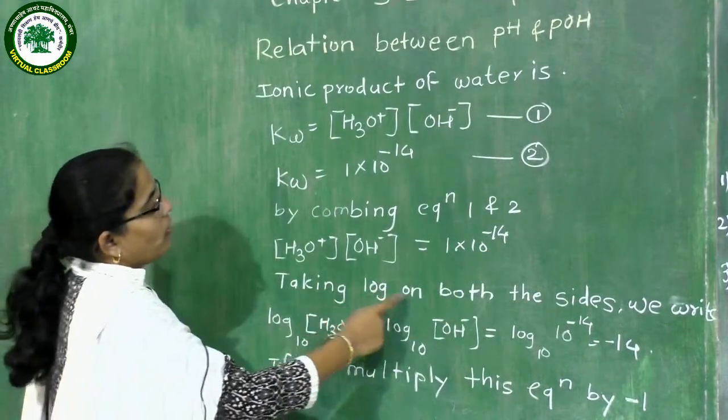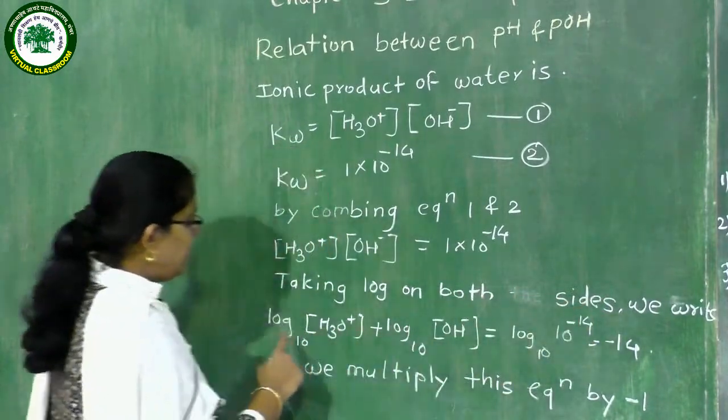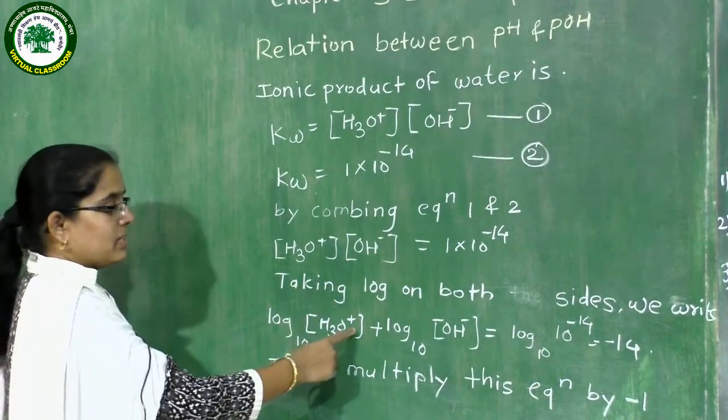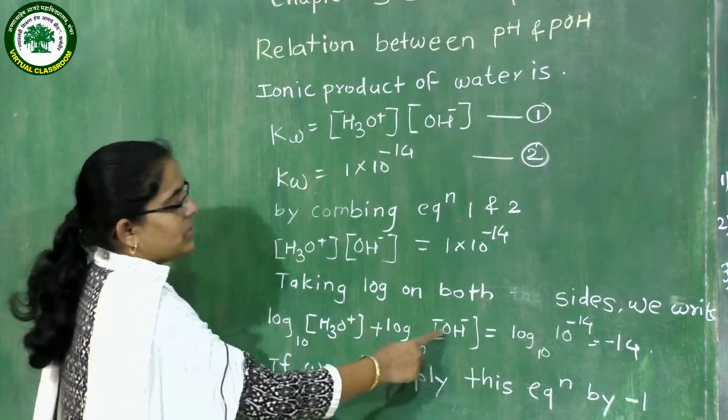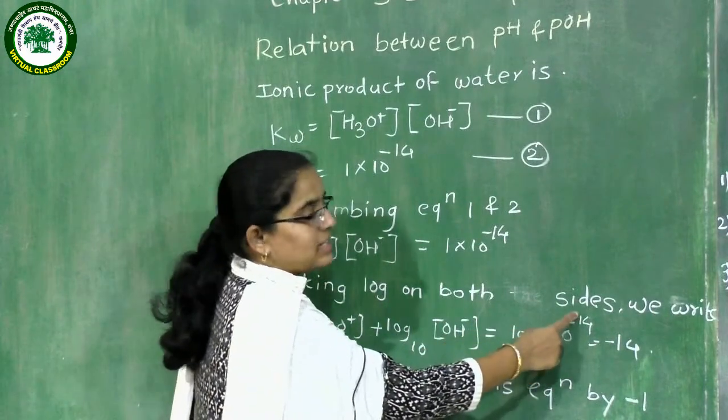Now taking log on both sides, we write the equation: log base 10 concentration of H3O plus plus log base 10 concentration of OH minus is equal to log base 10 of 10 raised to minus 14.